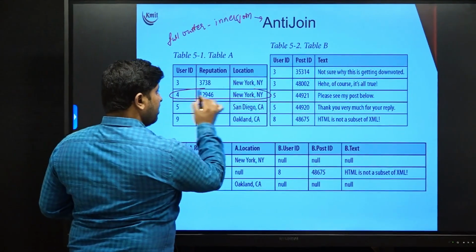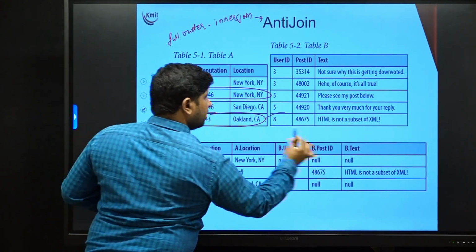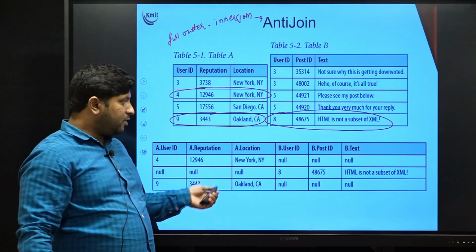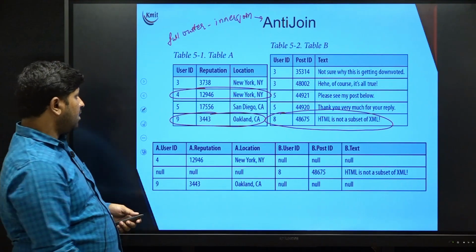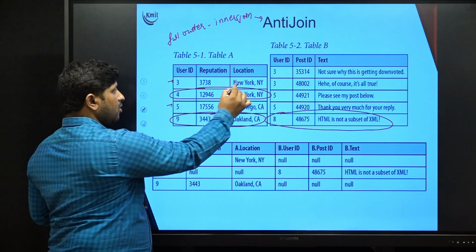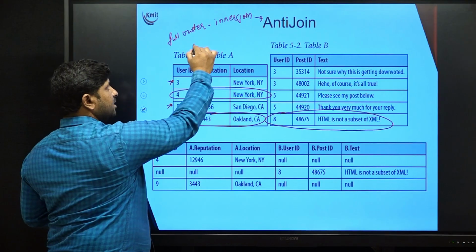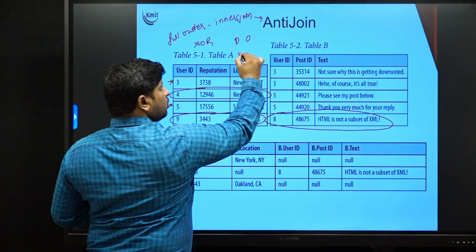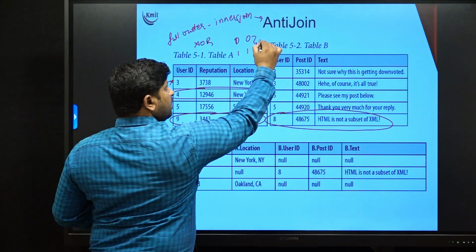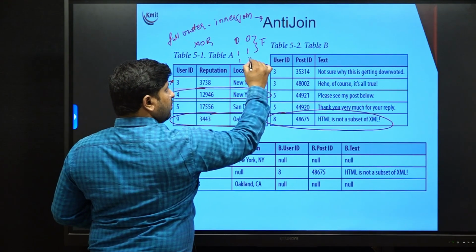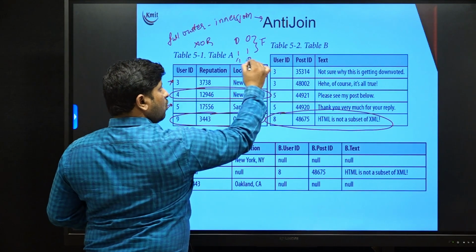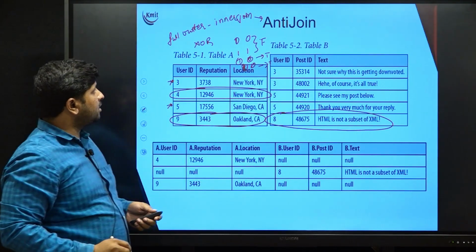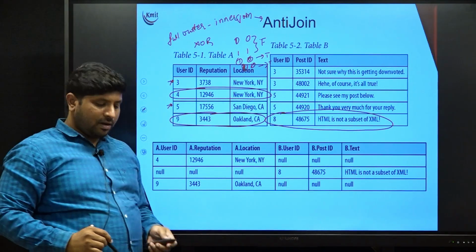The dissimilar elements, these three, will be taken into a new table. Wherever the similar elements are there, they are going to be discarded. This is just like an XOR operator. In XOR, if there are 2 zeros or 2 ones, then the value is false, and wherever the values are dissimilar, true-false or false-true, it is true. So the XOR operation is performed in anti join.